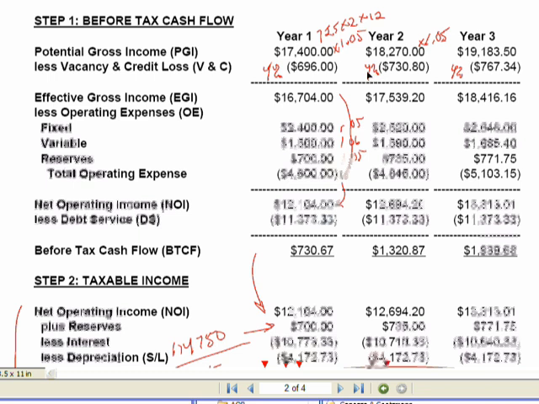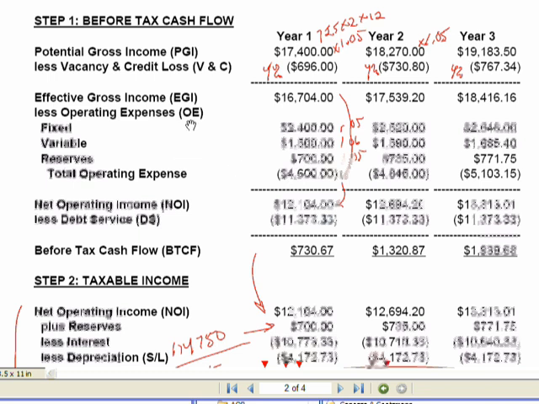So if you take 4% of 18,270, you get $730.80. While you're at it, you might want to do year 3. Year 3 is 4% of year 3 PGI. So if you take 4% of $19,183.50, that's $767.34. Subtract the vacancy and credit loss from the PGI for each year. You get 17,539 for year 2, 18,416 for year 3.